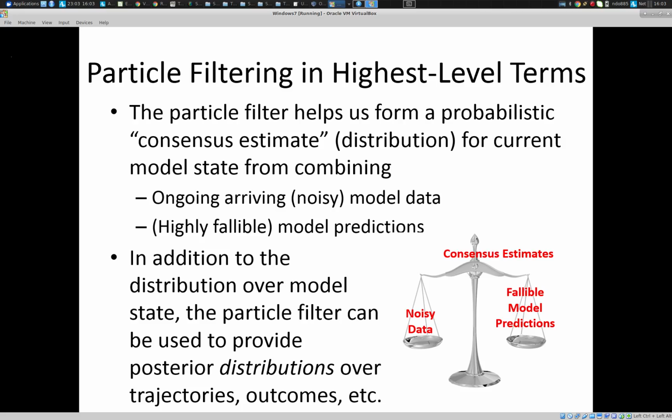And it's going to allow us to take that into account in projecting the impact of interventions going forward. It will also provide us some way of understanding how parameters might be changing over time. Okay? So this is going to be able to provide a distribution that is informed by this data that's coming in over trajectories that we can expect going forward and outcomes. Okay?